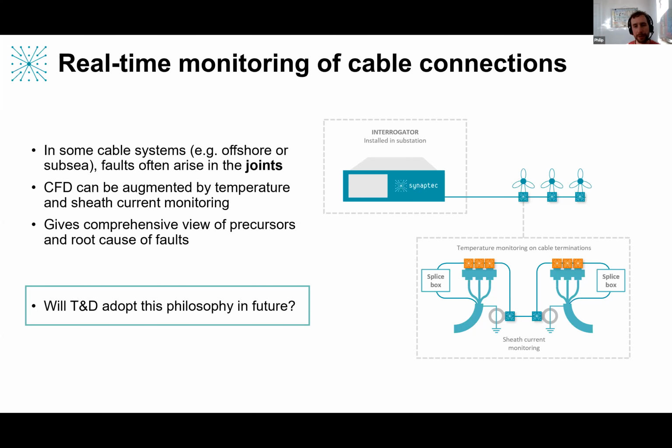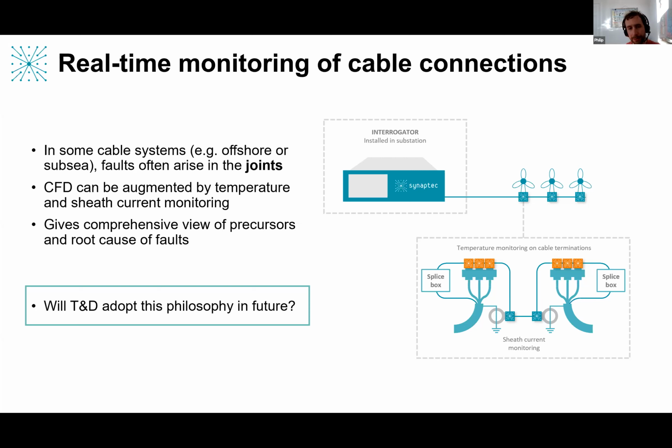And in their situation, they know the joints are vulnerable points because they're points of physical connection. They can result in PD activity, they can result in transients, and they can result in resonances that give rise to voltage spikes, and these can lead to degradation over time.